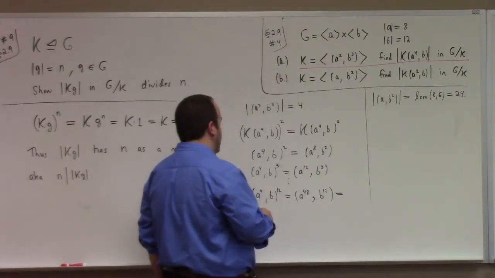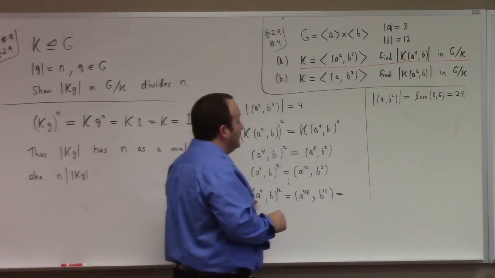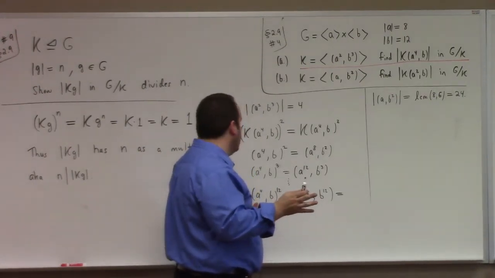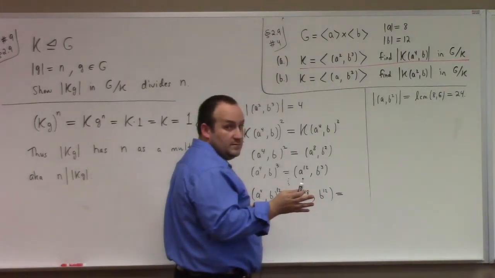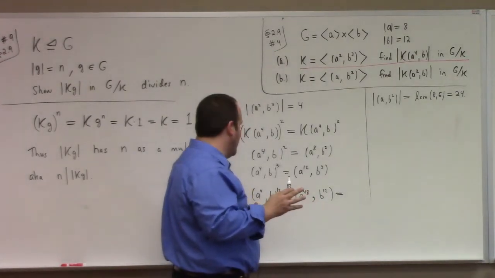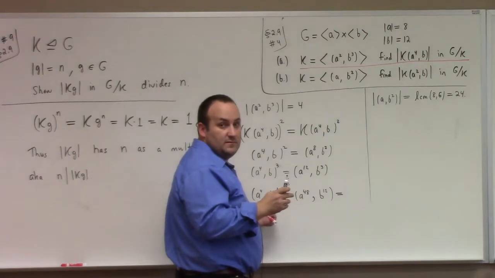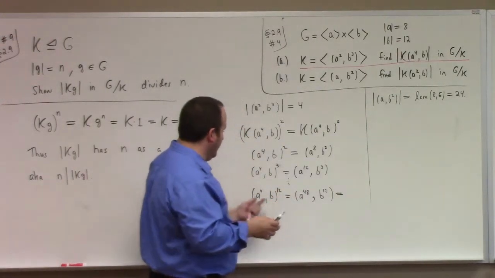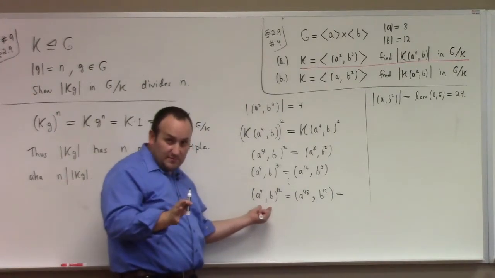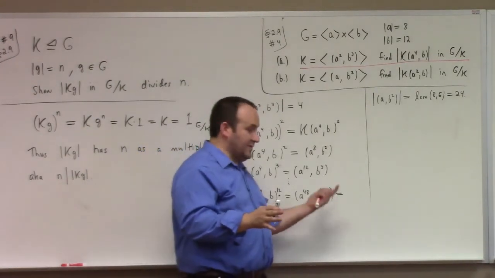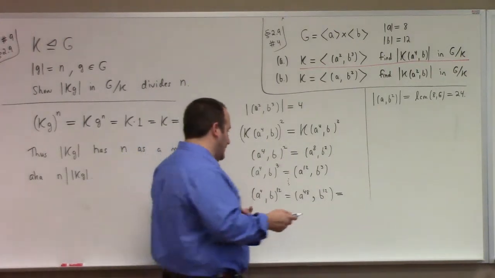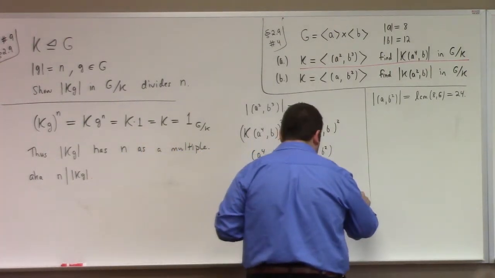What's the order of a to the 4th? It's 2. What's the least common multiple of 2 and 12? 12, right? So I'm just calculating that this element in G has order 12. Well, duh, we knew that.